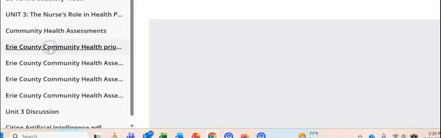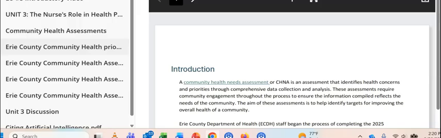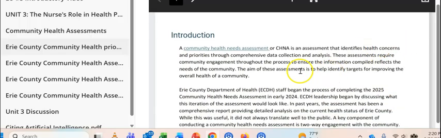The next thing that you're going to look at, this is important that you read it. This is from Erie County Department of Health, and it tells you a little bit about what a community health assessment is.